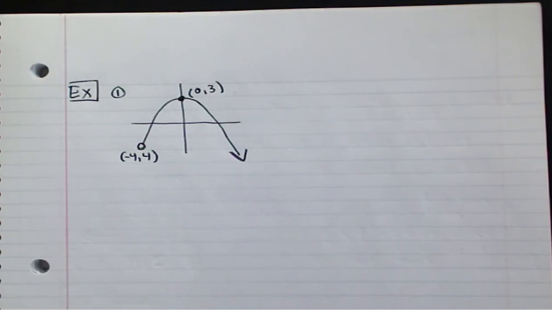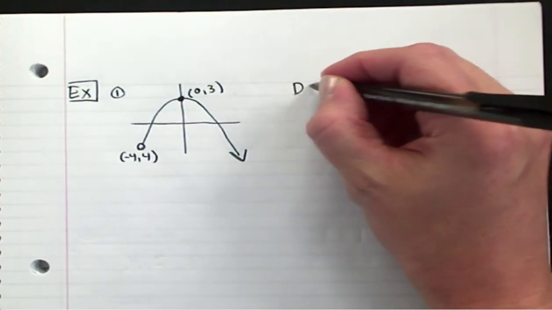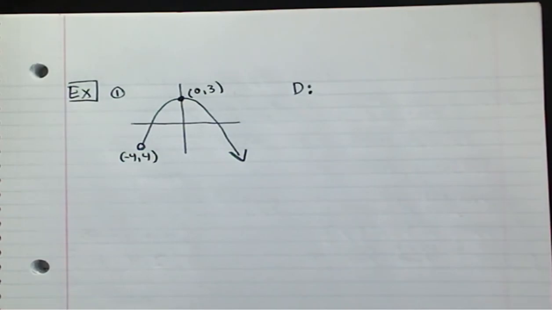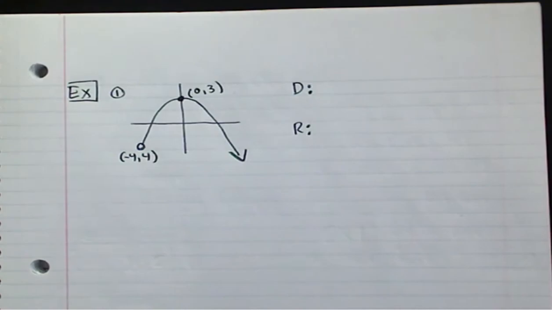Now we've moved into two dimensions. We're going to use the same notation and describe the domain in interval and set, and the range in interval and set. Your choice, guys. Doesn't matter which one you use.